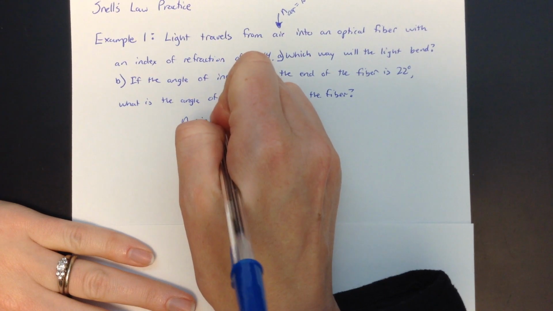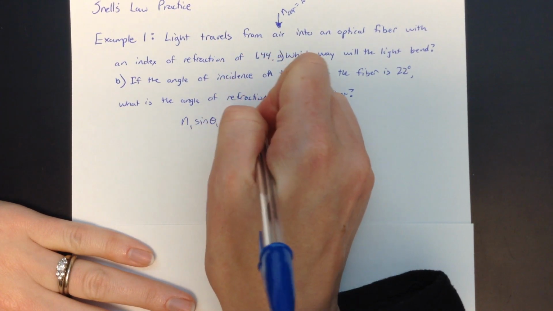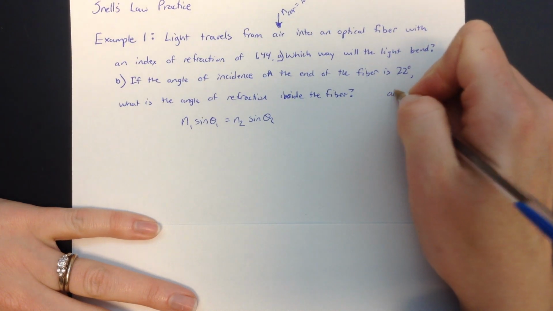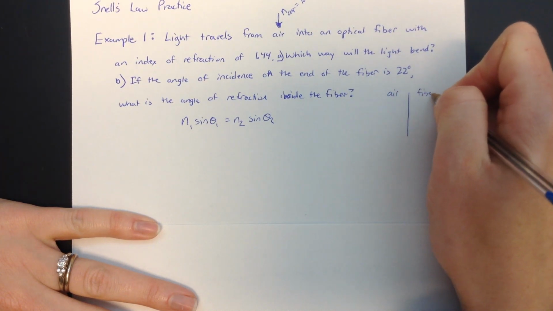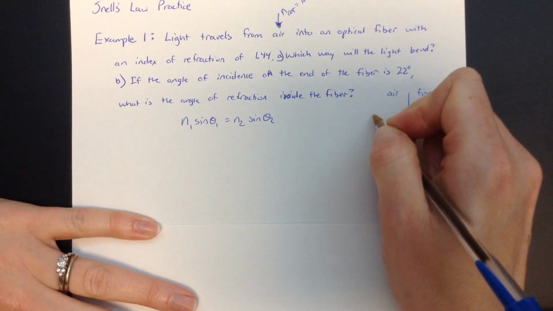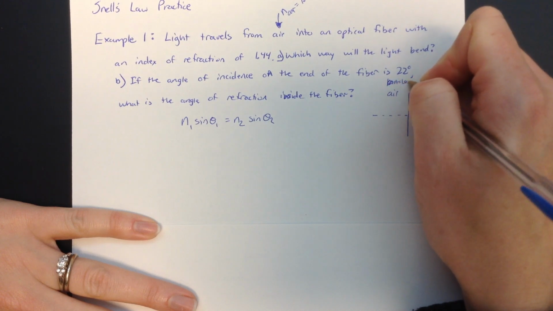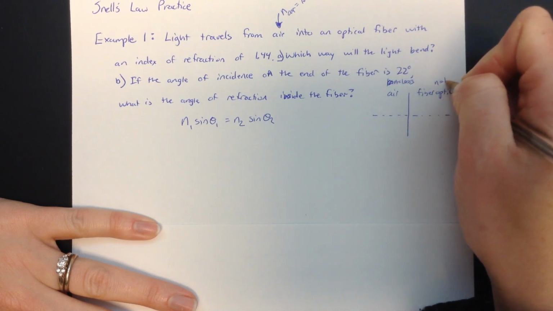N1 sine theta 1 equals N2 sine theta 2. And I might draw myself a picture. So I've got air, and then I've got the fiber optic cable. This N is 1.0003, and this N is 1.44.